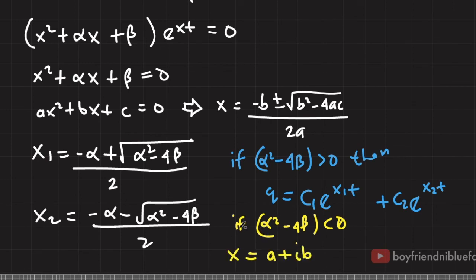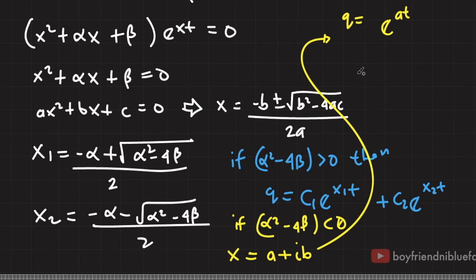Recall that a complex number has this form with a real number and an imaginary number. When this factor generates a complex number, we write the solution in the form of Q equals e raised to at for this factor, and then instead of writing this in exponential form, we use Euler's formula and just consider the real term.